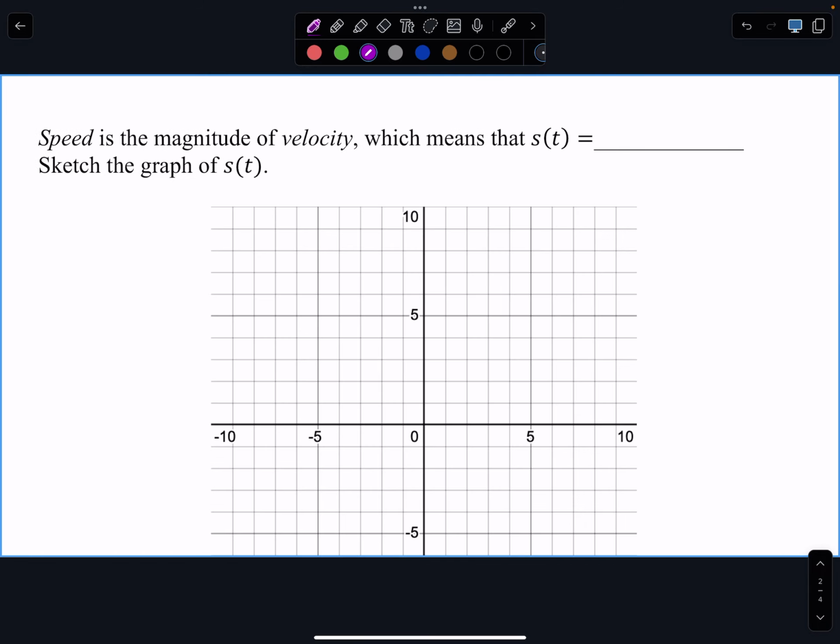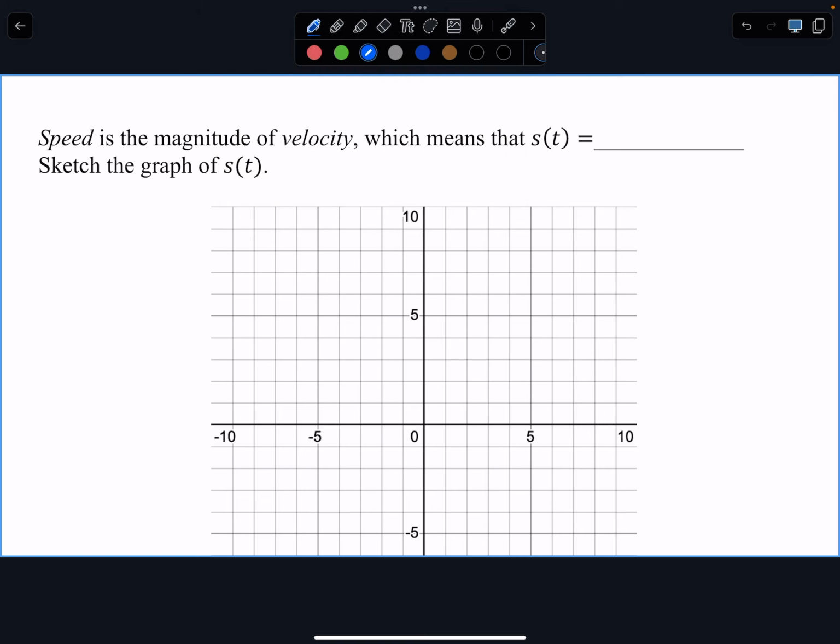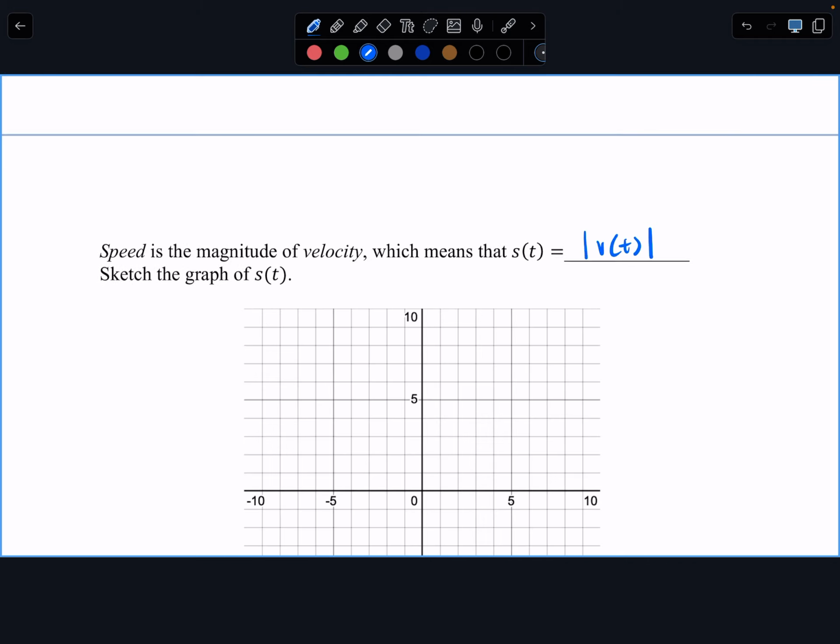Speed is the magnitude of velocity, which means that speed, I'm using S of t to represent speed, is the absolute value of velocity. If you remember, I talked about this when we talked about transformations way back in pre-calc, about how you could think about absolute value as being a transformation.